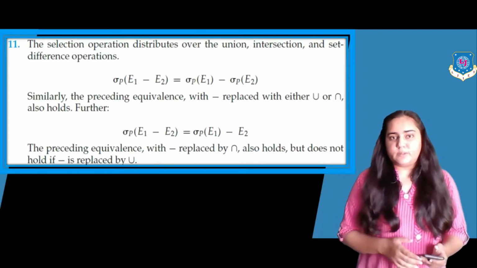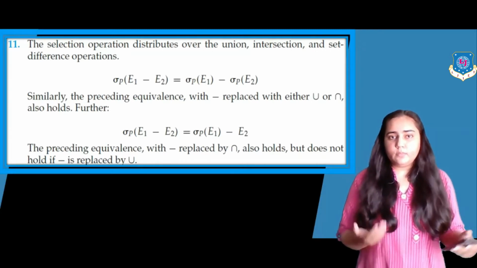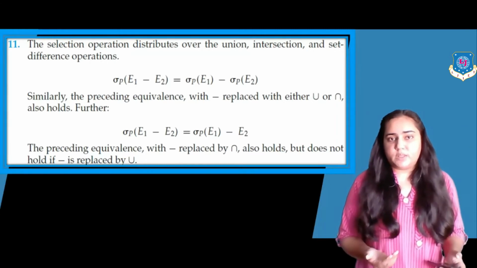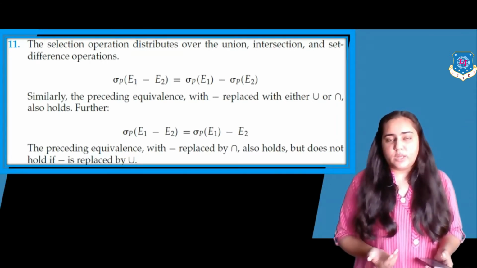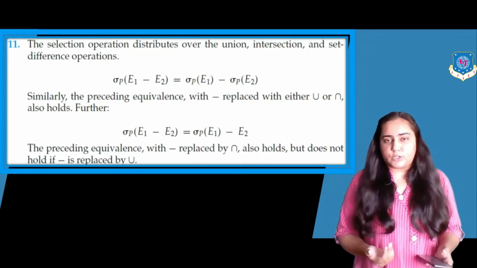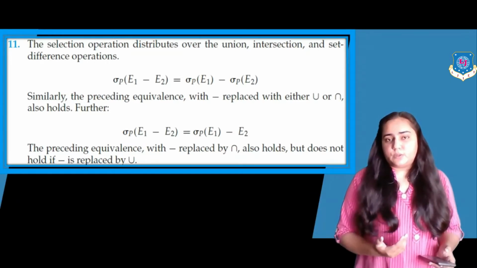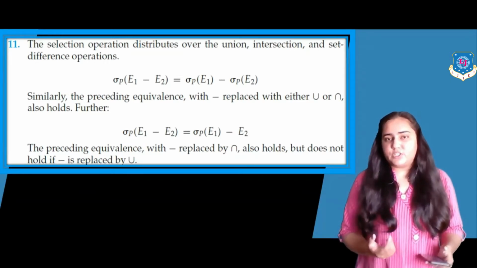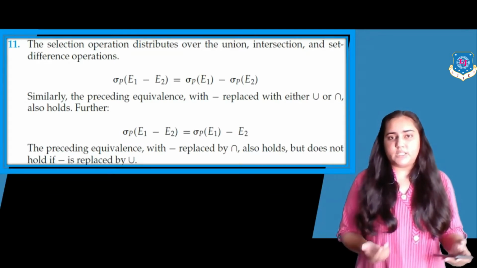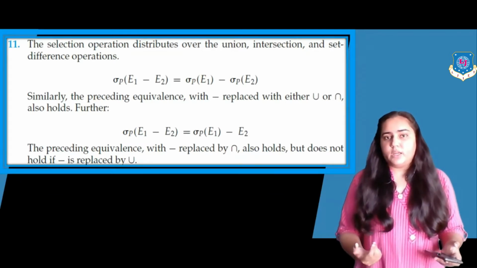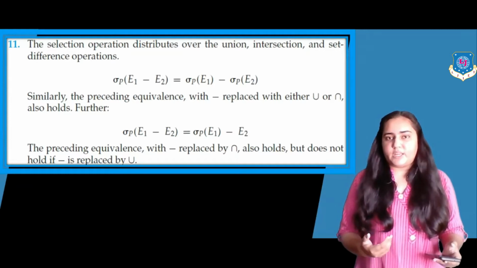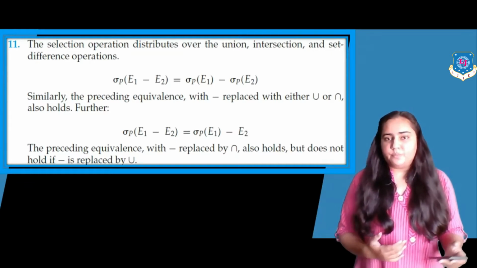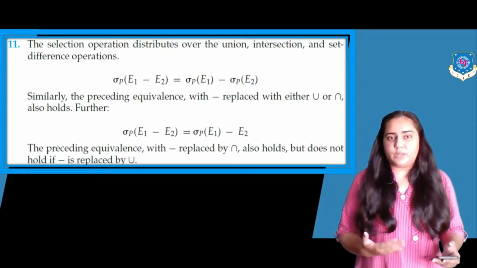There are 2 tables, E1 and E2, and I'm doing a set difference between them. So I'm doing E1 minus E2 and then applying the select condition. Now I can distribute the select condition for each table individually by writing sigma p to E1, and then from there I can subtract sigma p to E2. So the select condition can be distributed.